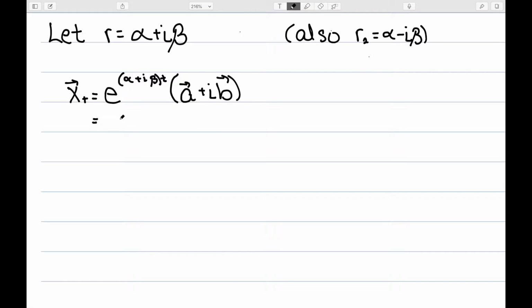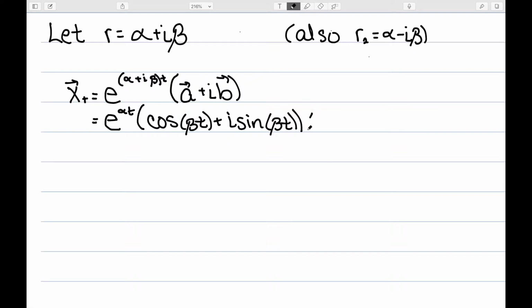Well, we can use that identity that we discussed in the previous video to say that this is e to the alpha t times cosine beta t plus i sine beta t. And then we still have this a plus ib at the end. I'm going to go ahead and FOIL these parentheses.